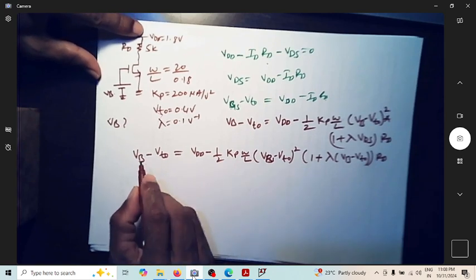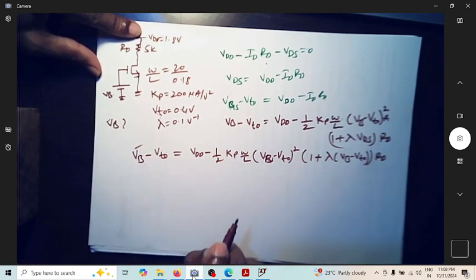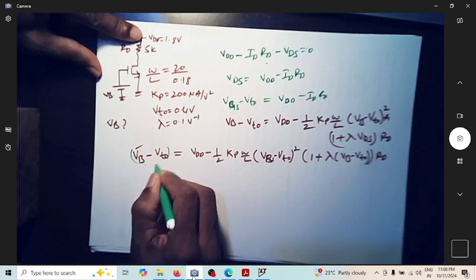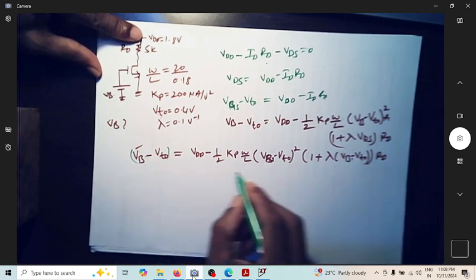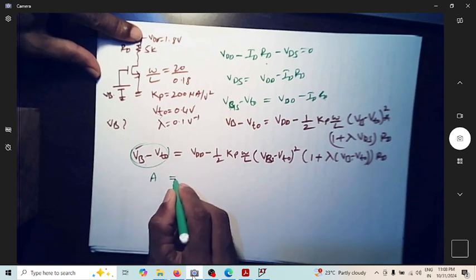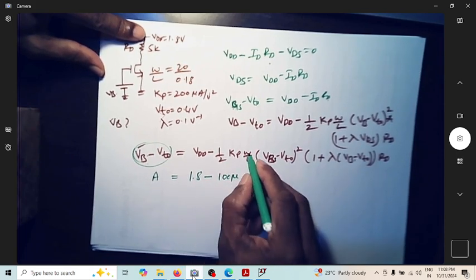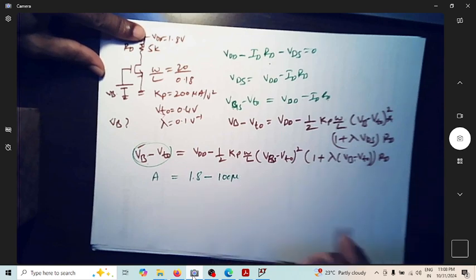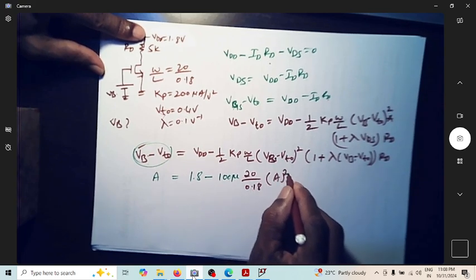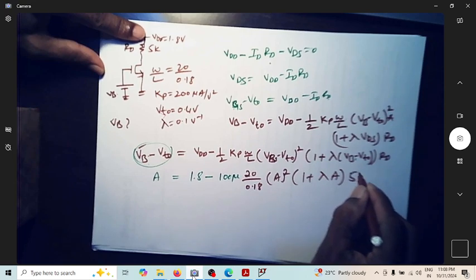Now if you can see, this is the unknown parameter, all other parameters are known. But you can also see that VB minus VTO is always grouped here, here, as well as here. Let me replace this with a variable A, where A equals VB minus VTO. So A equals 1.8 minus 100 micro into 20 divided by 0.18, and this is again A squared and (1 plus lambda into A) into RD, which is 5 kilo.